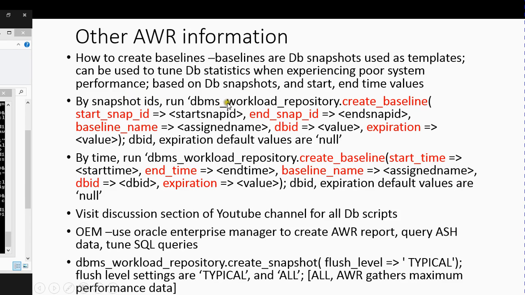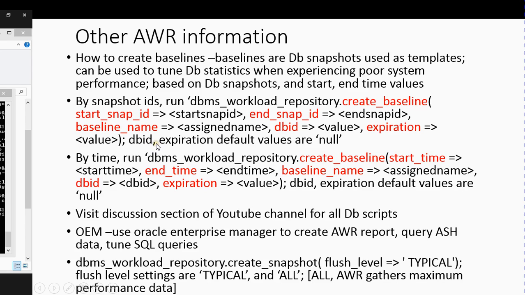You're still referring to the same package, DBMS_WORKLOAD_REPOSITORY, but now you're doing create baseline. You put in a start snap ID, an end snap ID, baseline name, expiration, and DBID.